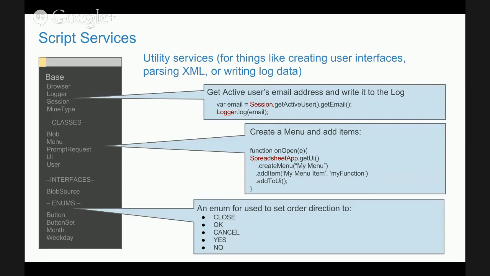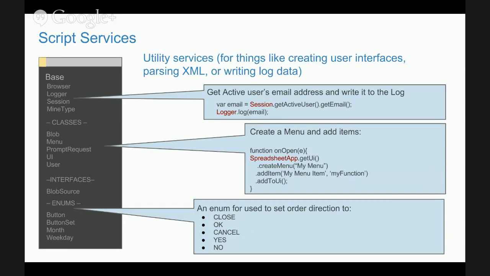The other thing I mentioned were the utility services. This is an example of one, the base class. Here you can see that I am looking for the email of the active user in the specific session. I also have Logger. Logger is how I can create my little debug text, or put the email of this person in a log and then look at it and see if it's returning the correct value for me. The other things you can do here are also classes that will allow you to create a menu, for instance.